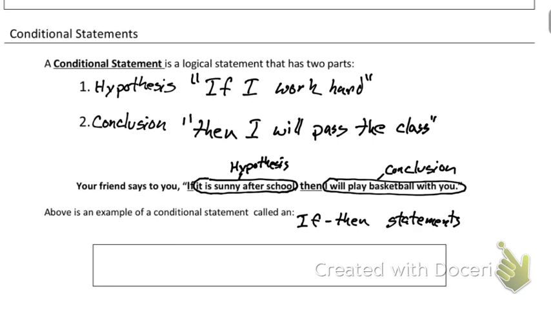If you like the word conditional and I say if-then, you can think conditional. That's all this bottom box is for. A conditional statement equals an if-then statement. I kind of like calling them if-then because it tells you how to set it up: if this, then that.